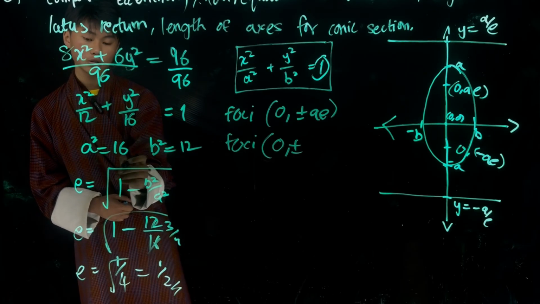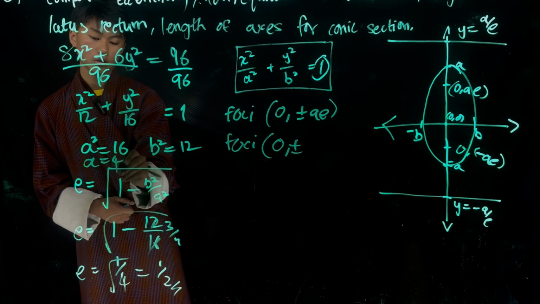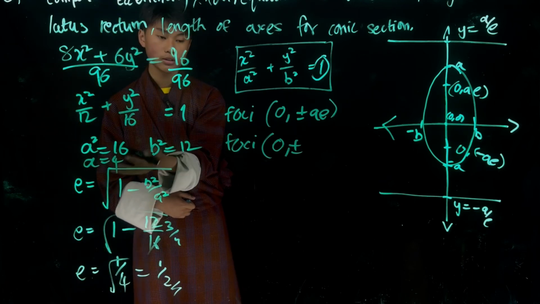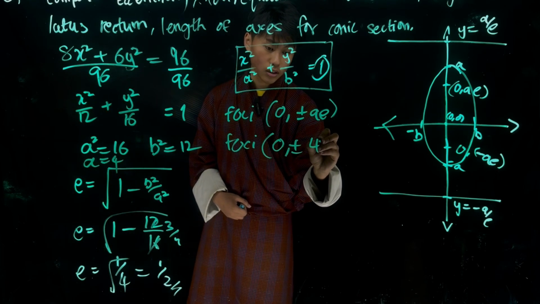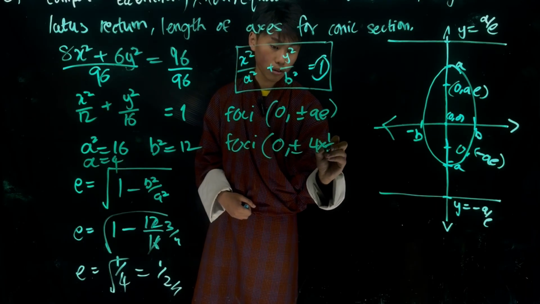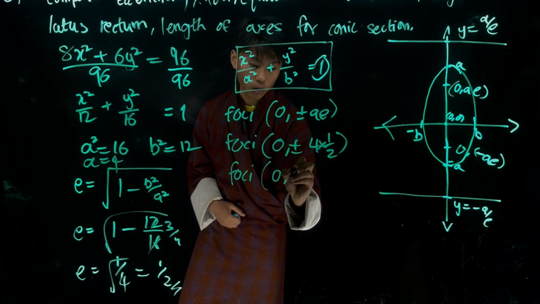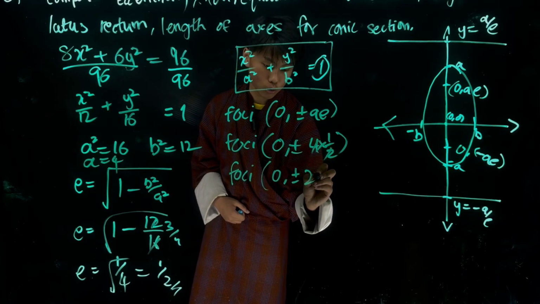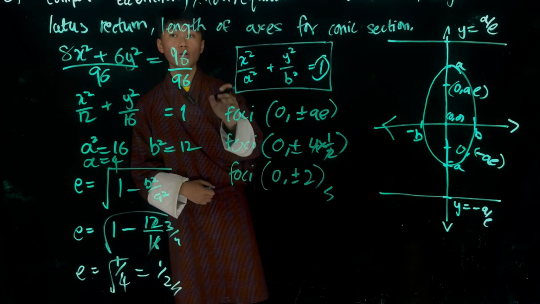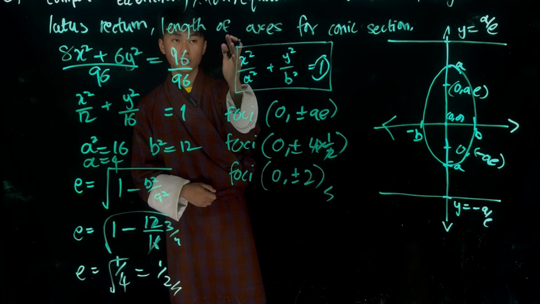Since a square is equal to 16, we know that a will be equal to 4, because the root of 16 is 4. So 4 times the eccentricity, which is half, gives 2. Now the coordinates of the foci will be (0, plus minus 2).